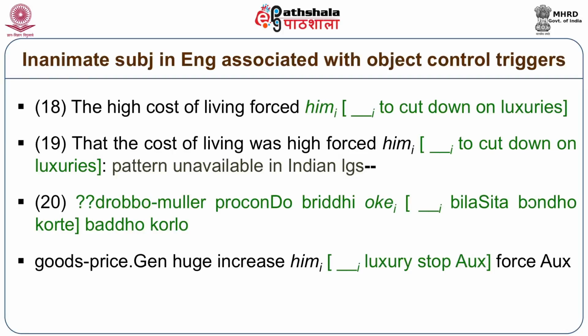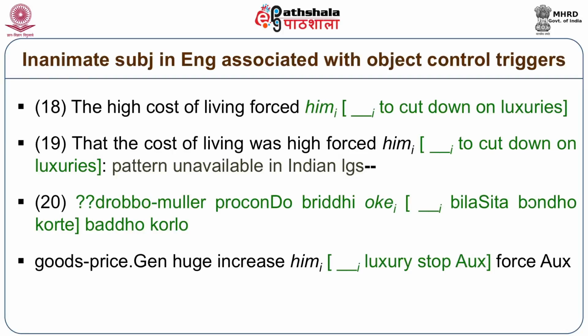The point is about the subject of the control trigger. The control trigger is the verb force upstairs. Forced him to cut down. The subject of force is the high cost of living, which is an inanimate subject. This is very unusual. It happens in English but does not happen in Indian languages.